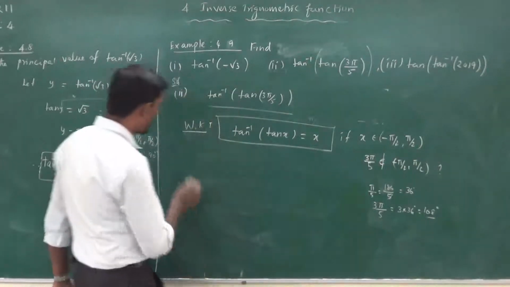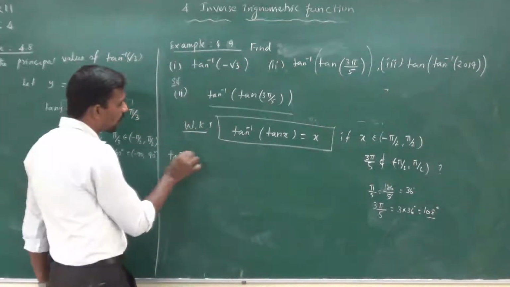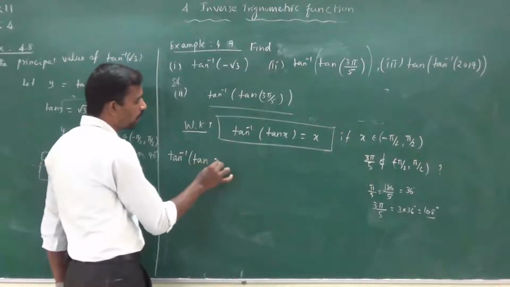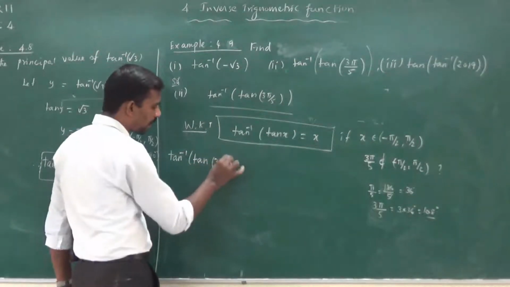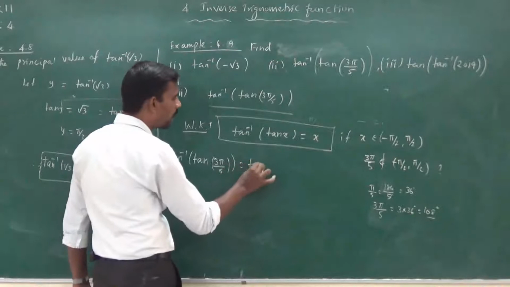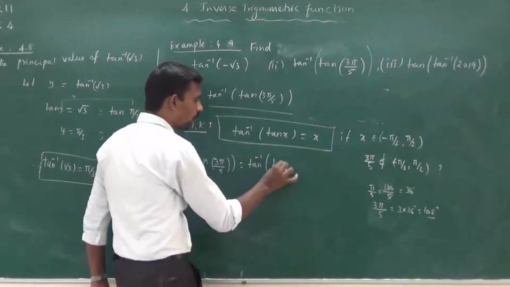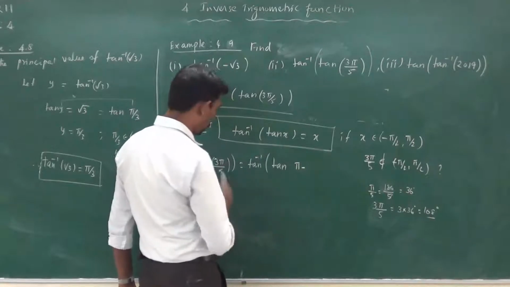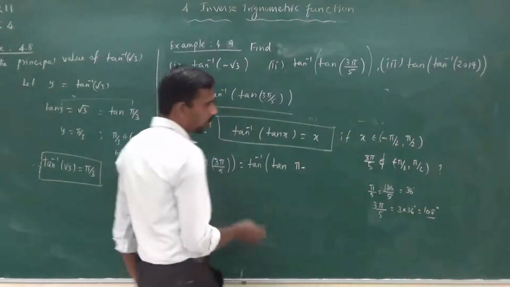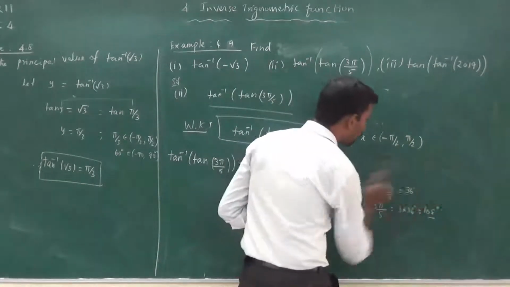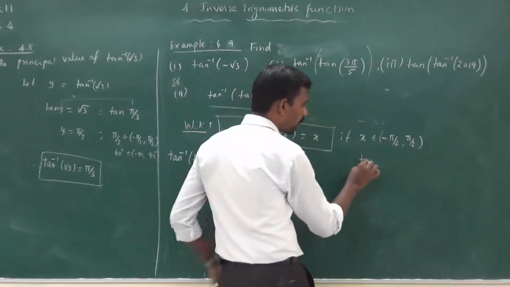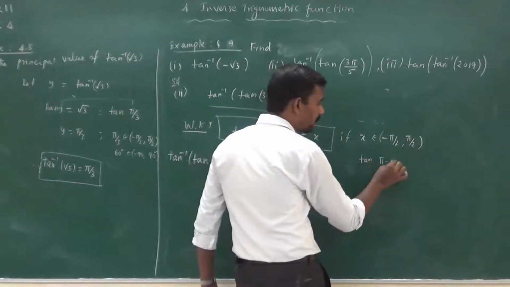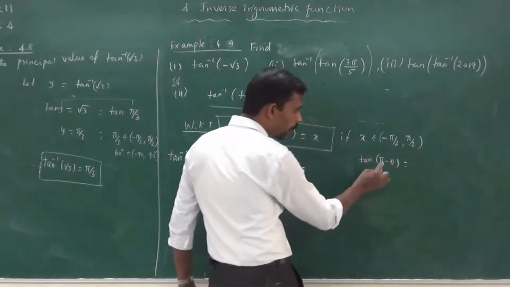So now you see tan inverse of 3 pi by 5. I can write pi minus theta. You see one more result here: tan of pi minus theta.